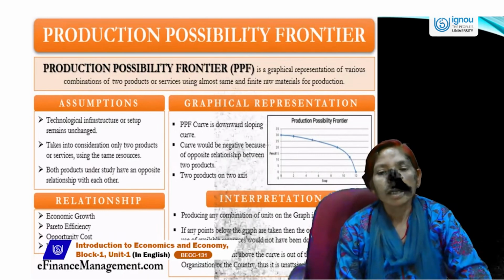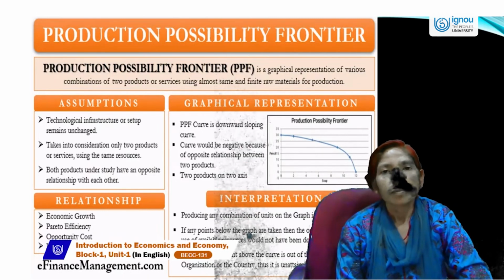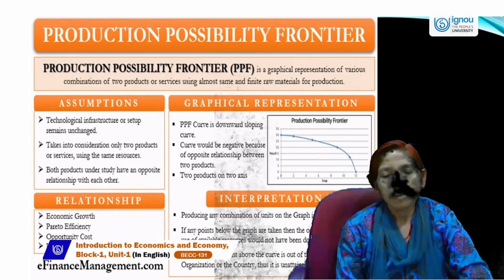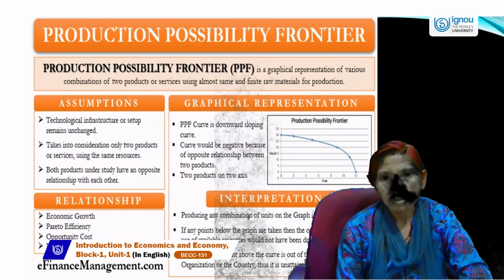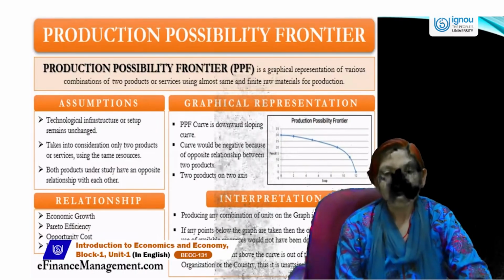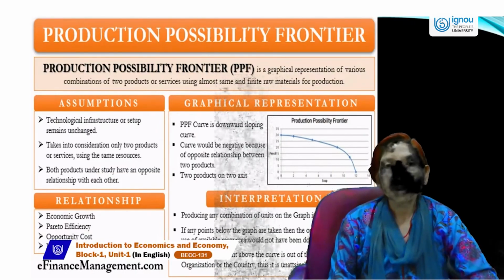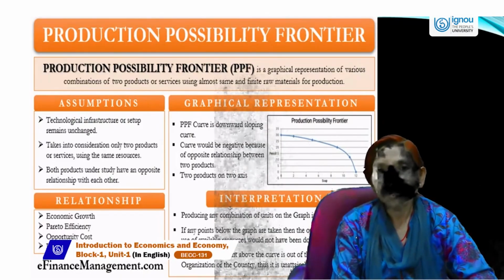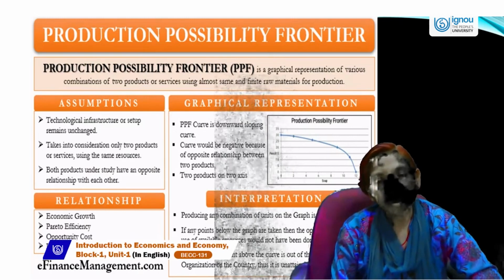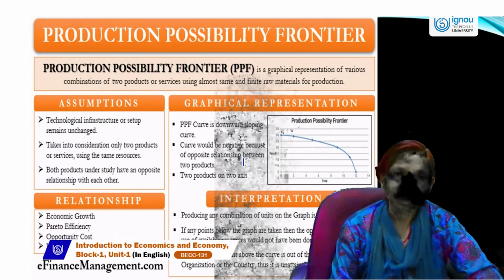Now, the interrelation is producing any combination of units on the graph. All the points which lie on this PPC curve are called full utilization of resources. So producing any combination of units on this curve is known as full utilization of resources or fully efficient resources.